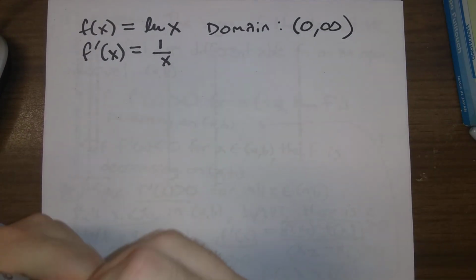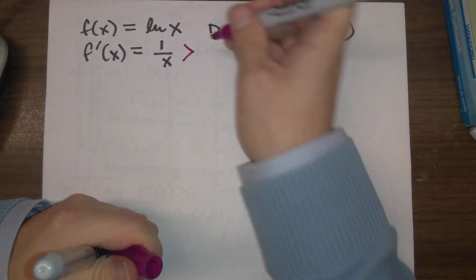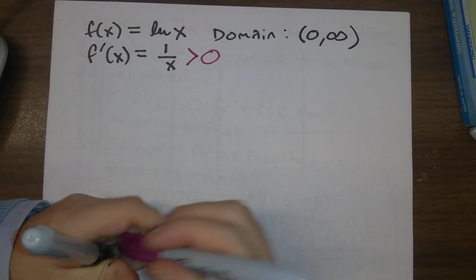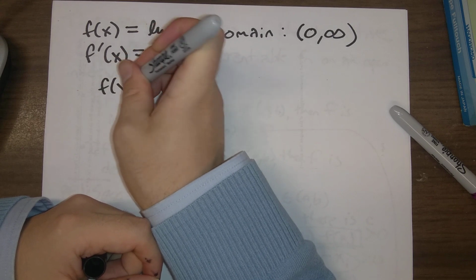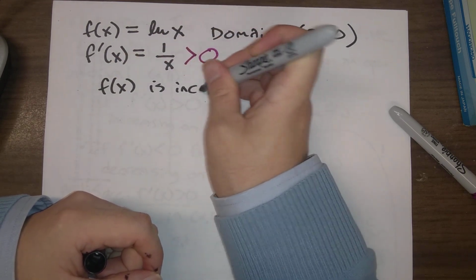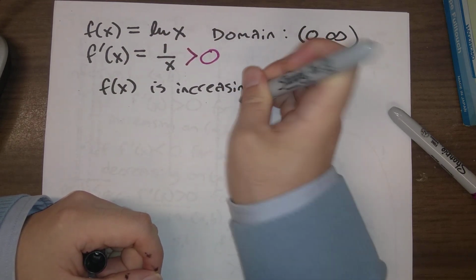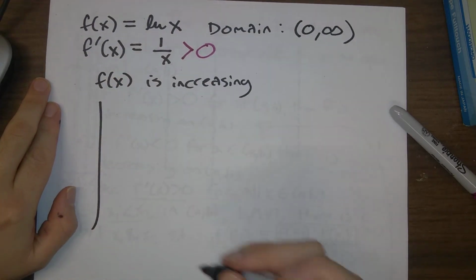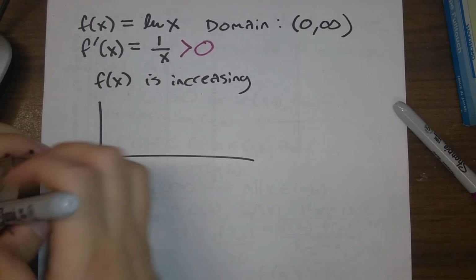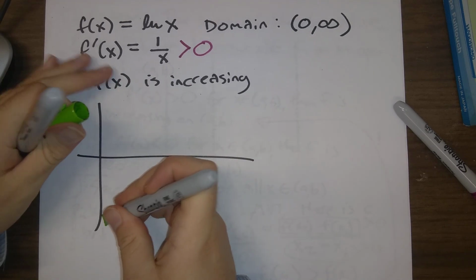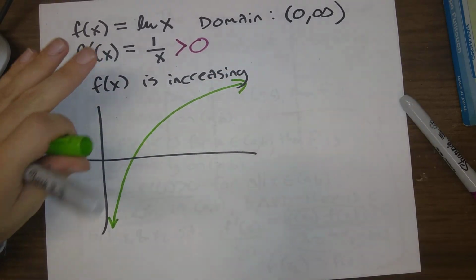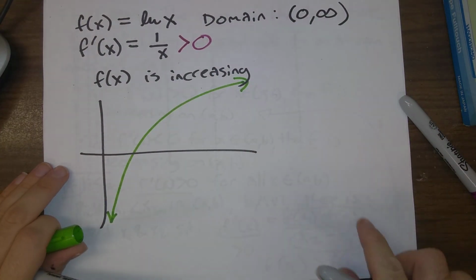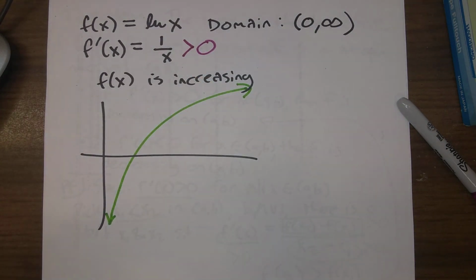So we see here, because the derivative is always positive, f of x is an increasing function on its domain. As a reminder, what does the graph of f of x look like? Something like this. It's always going to be increasing, which matches the information that we get from the derivative.